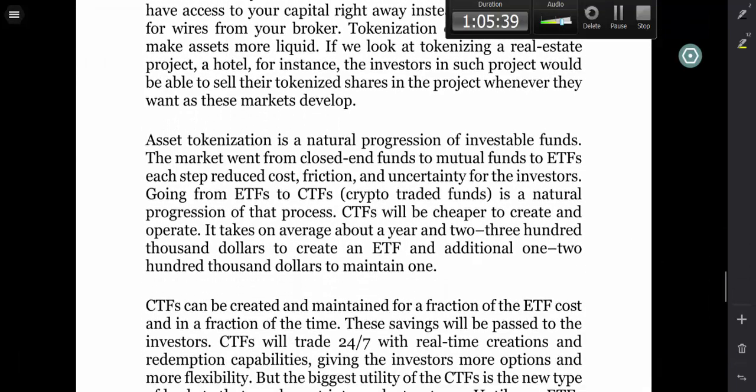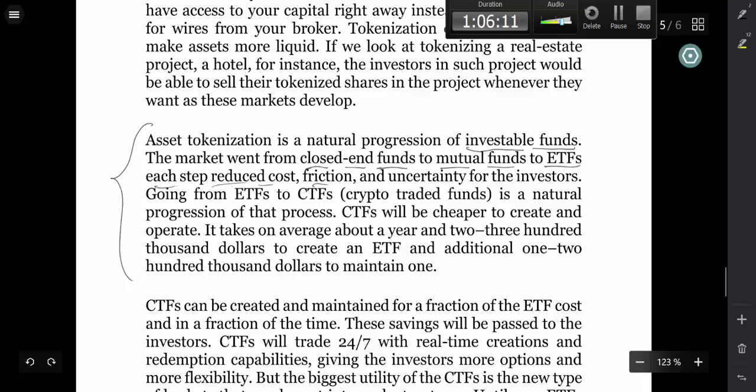And here is an interesting paragraph. Asset tokenization is a natural extension of investable funds. This is an interesting way to think about this. The market evolved from very old-fashioned, closed-end, classical, traditional dinosaur funds to mutual funds to ETFs, each step reducing cost and friction.